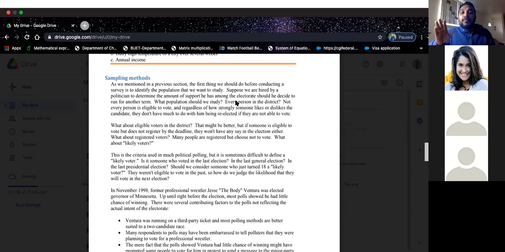I'm not sure, but at our level of study, I don't think we can have more than one population. That means somehow you need to define your population in a way that gives you a better result. There might be several options, but we need to find a way so that it gives us a better result.